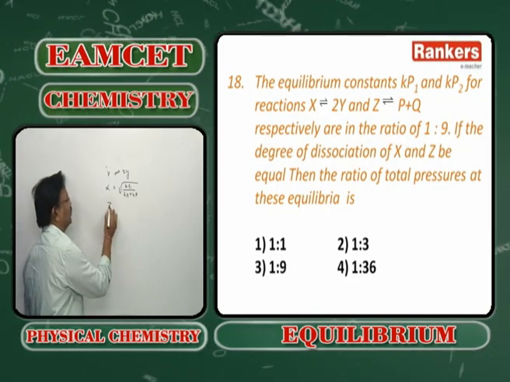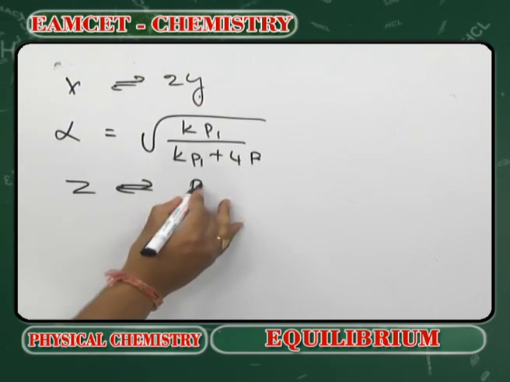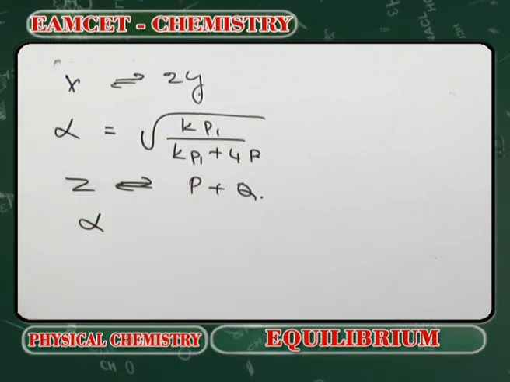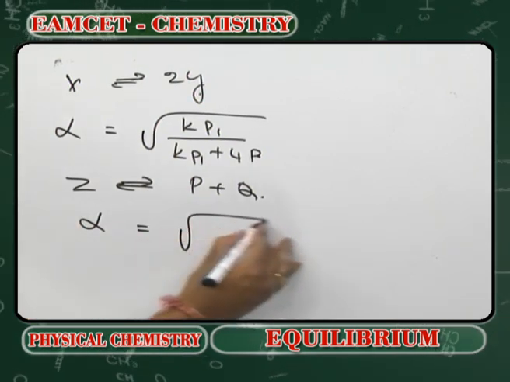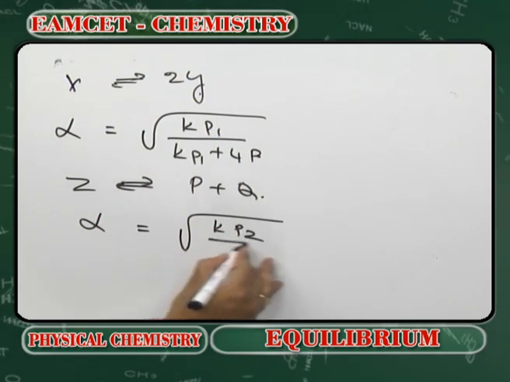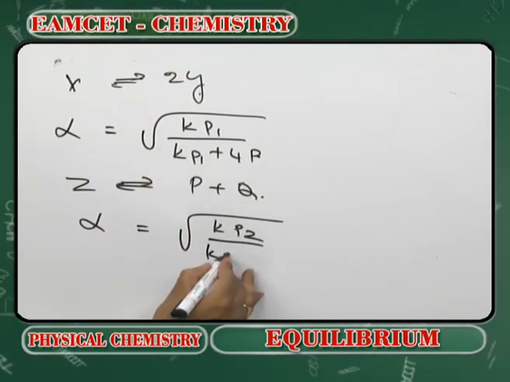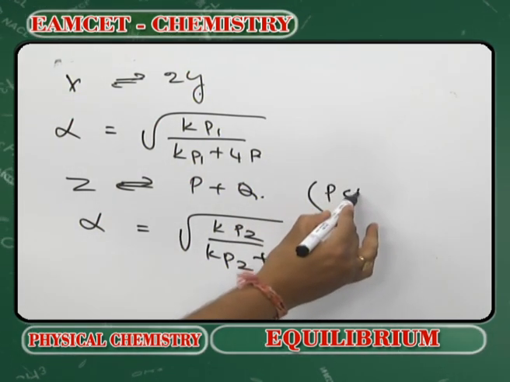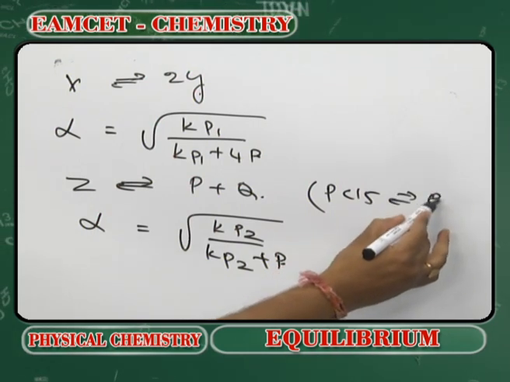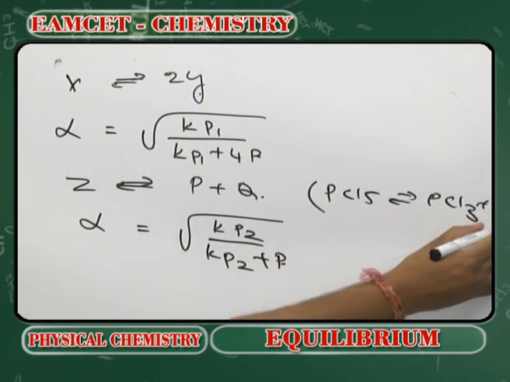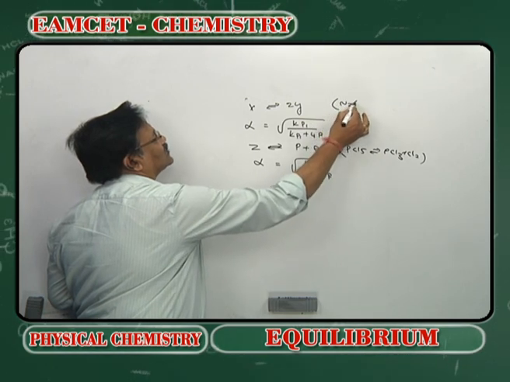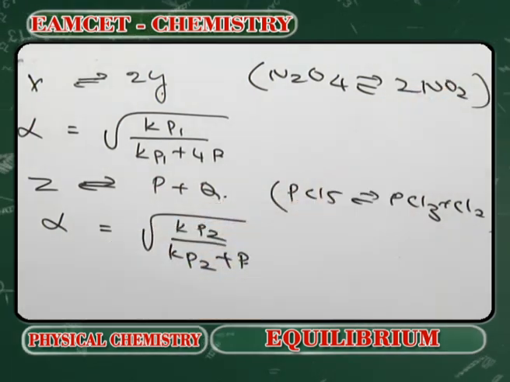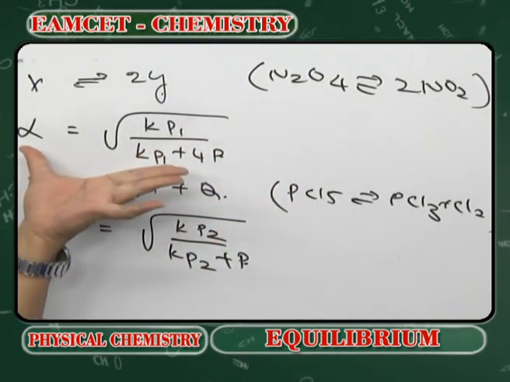Z gives P plus Q. For this type of equilibrium, alpha is equal to the square root of Kp2 by Kp2 plus P. This is similar to PCl5 gives PCl3 plus Cl2, and similar to N2O4 gives NO2. Since these are two important equilibria, we have given this expression.